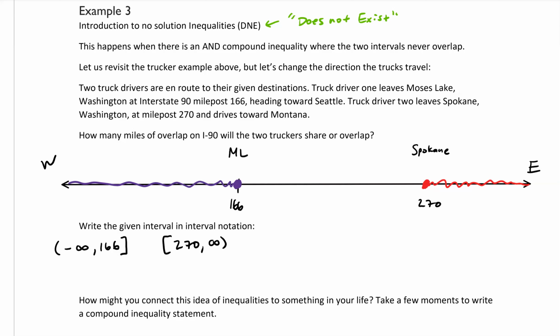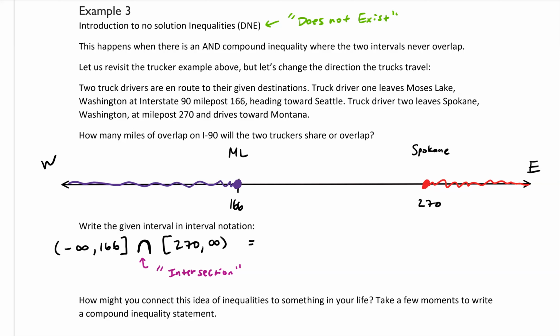And remember that the union symbol looked like a capital U. If we flip that upside down, the intersection symbol looks like an upside down capital U. And this is the intersection symbol. And that basically means that it wants us to figure out where the overlap is between these two intervals.